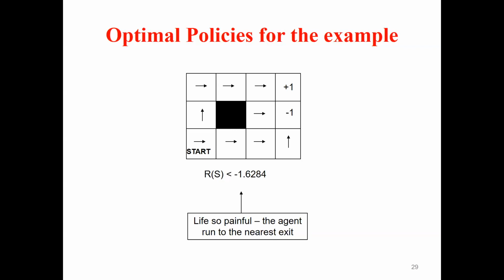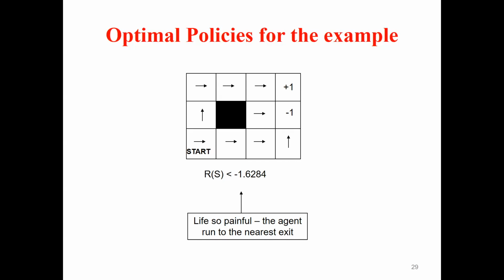Why? Because the reward for being in any other state apart from the final states is a higher negative value than -1. So I would like to quickly finish the problem. It does not matter whatever the nearest exit route is, I should finish straight away.